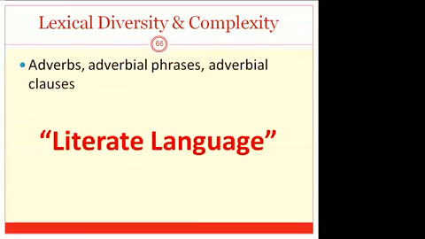Lexical diversity and complexity also includes analyzing for the student's use of adverbs, adverbial phrases, and adverbial clauses. And altogether, the whole range of lexical diversity and complexity, elaborated noun phrases, verb phrases, adverbs, adverbial phrases, verbs of cognition, communication, all of this together is sometimes referred to as literate language.